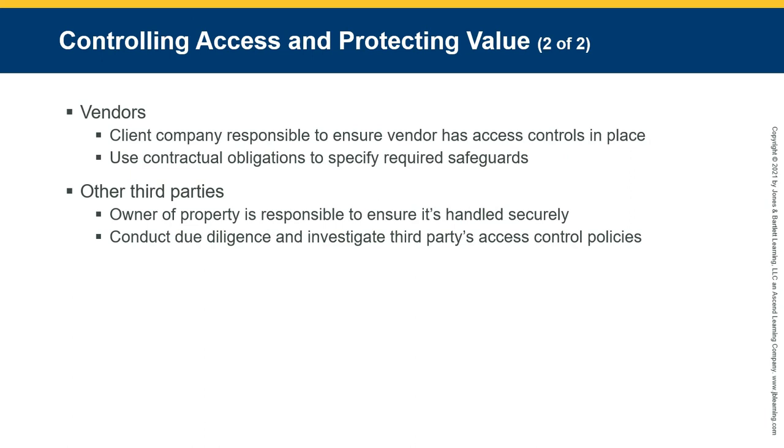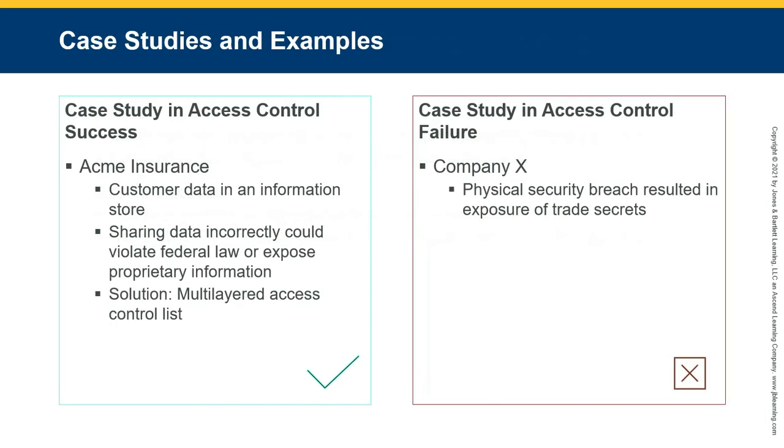Other third parties: owners of property are responsible to ensure it's handled securely, conduct due diligence, and investigate third-party access control policies. If we're hiring a vendor or contractor, we want to make sure that they are going to follow our policies. We're going to evaluate their policies to make sure they're at least as stringent as ours, and hopefully more stringent than what we're doing. So these are what we want to do when we're looking at third parties.